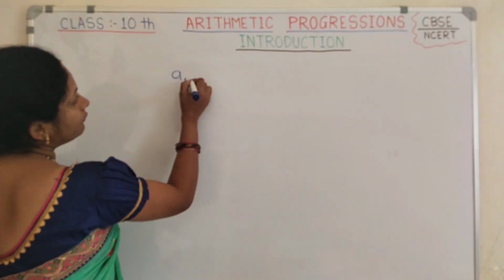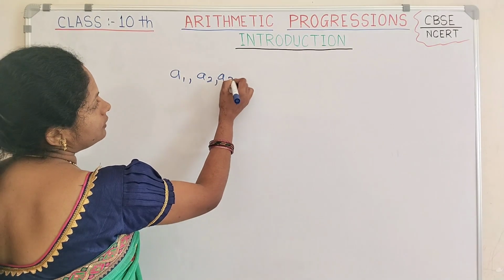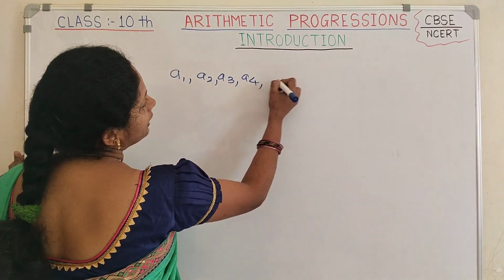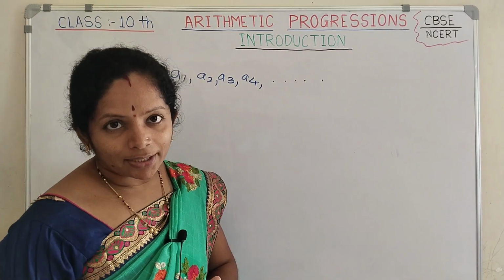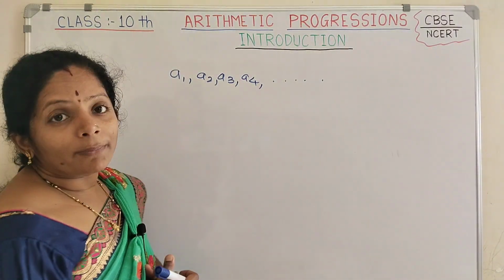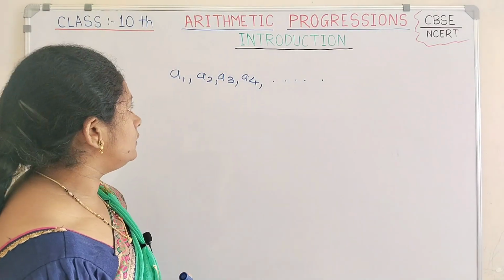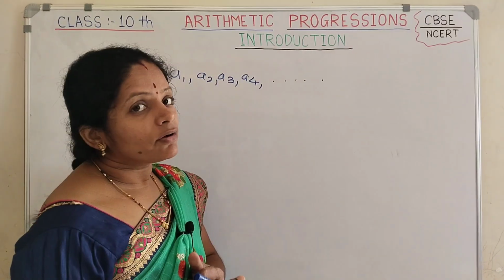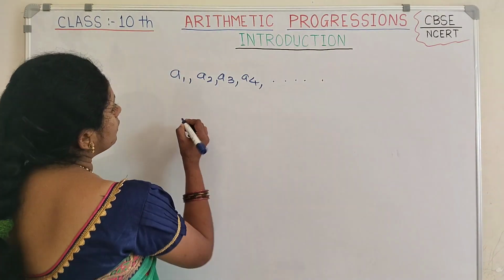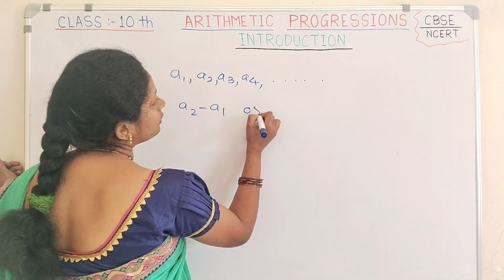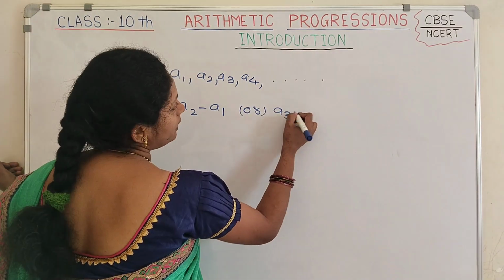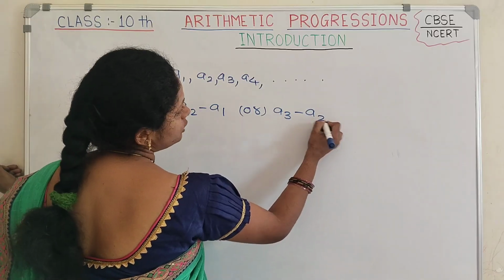Here A1, A2, A3, A4 and so on. If we write the terms of an AP, how can we get the common difference for a given series? A2 minus A1 or A3 minus A2.